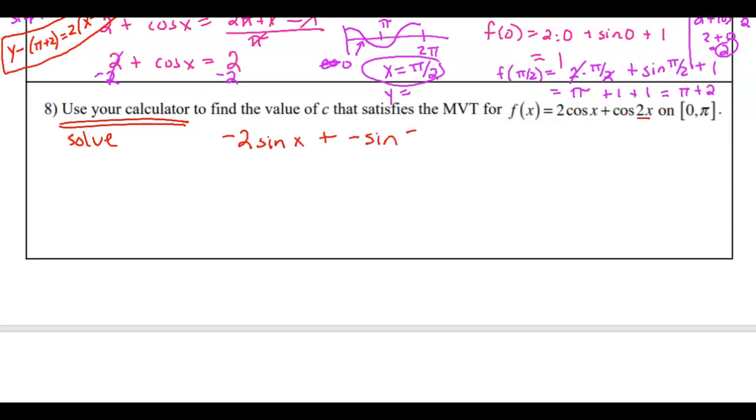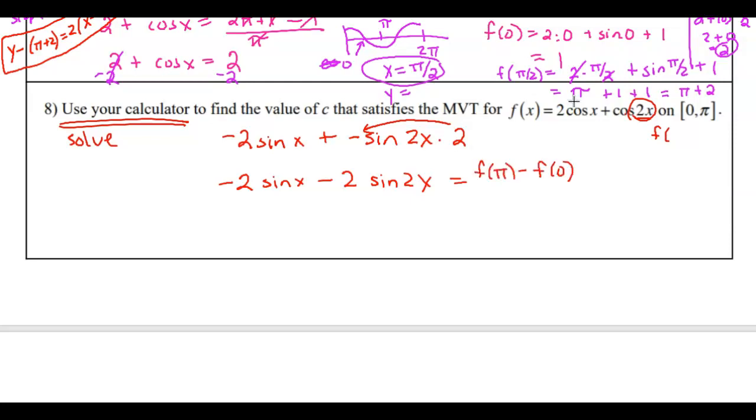The inside stays the same, times the derivative of the inside. But that 2 is going to go in front, so I'm going to write this nicer. All right, and then we're going to do f of pi minus f of 0 all over pi minus 0.